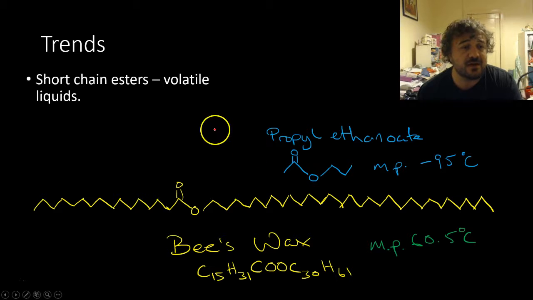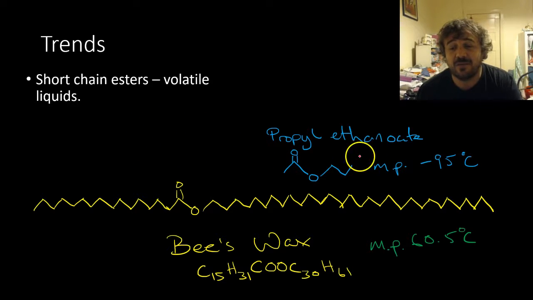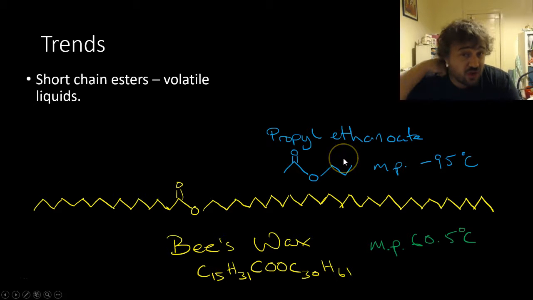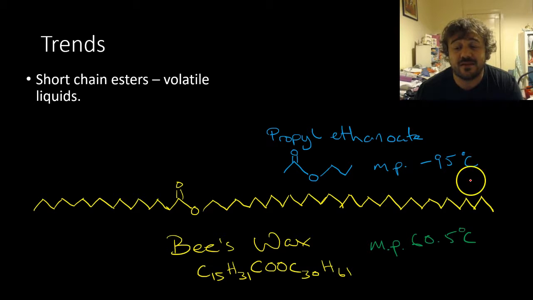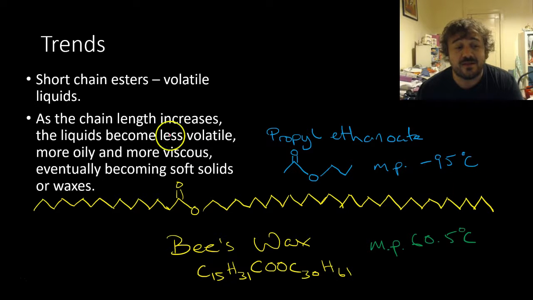Okay, so short chain esters are volatile liquids. Propyl ethanoate is a short chain ester, and its melting point is minus 95 degrees Celsius. So as the chain length increases, the liquids become less volatile, and they become more oily and viscous, and eventually they become soft solids or waxes.